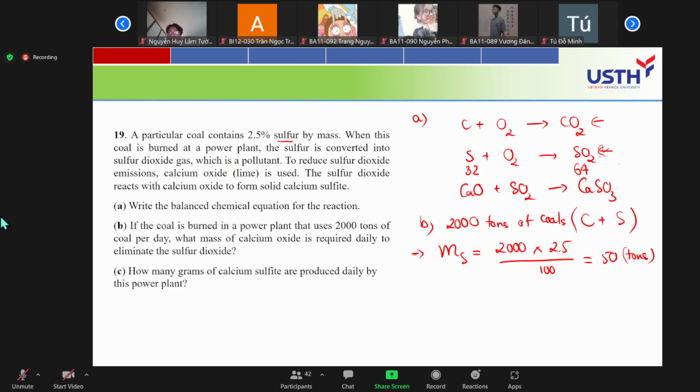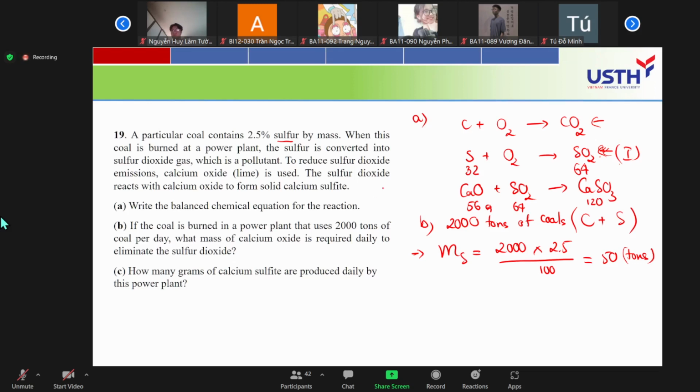In the second equation, 64 tons of SO2 will react with 56 tons of calcium oxide, and it will form how many? 120 tons of calcium sulfite.